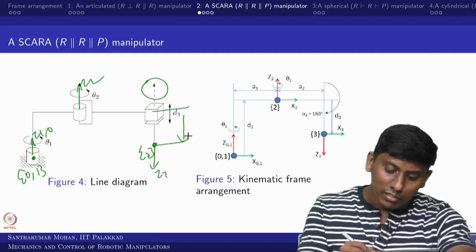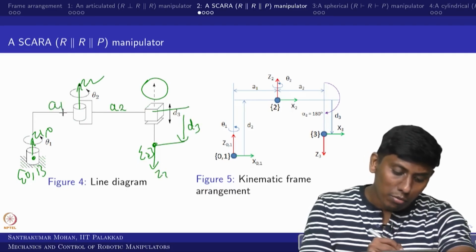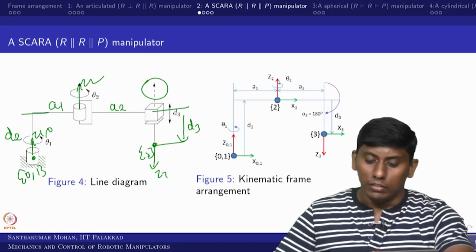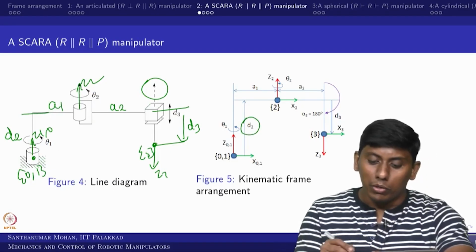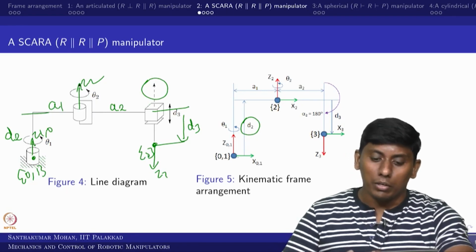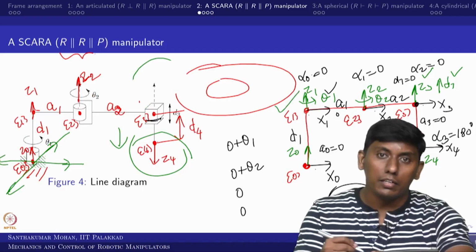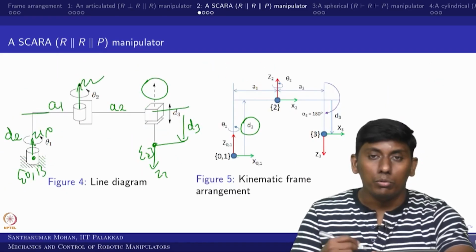This distance is d3, a variable, and this is a2, and this is a1, and this distance is d2. Okay. So, that is what you can see, right, because from 1 to 2 I am looking at a vertical distance. So, the frame can be arranged in two ways, either this side or this way.